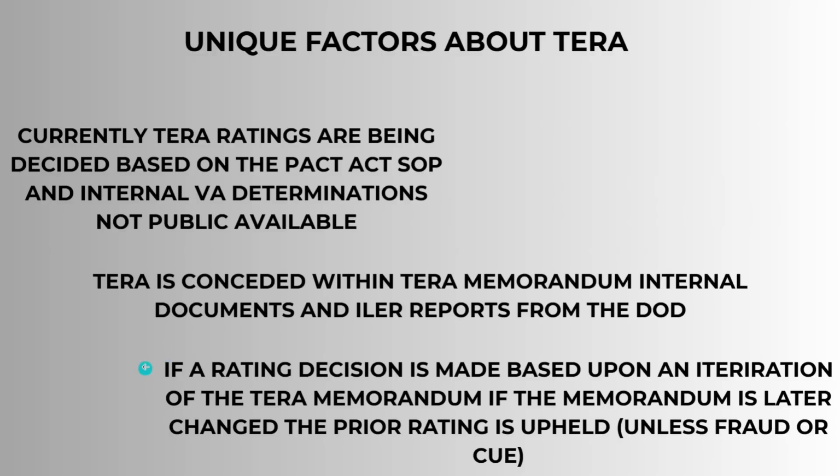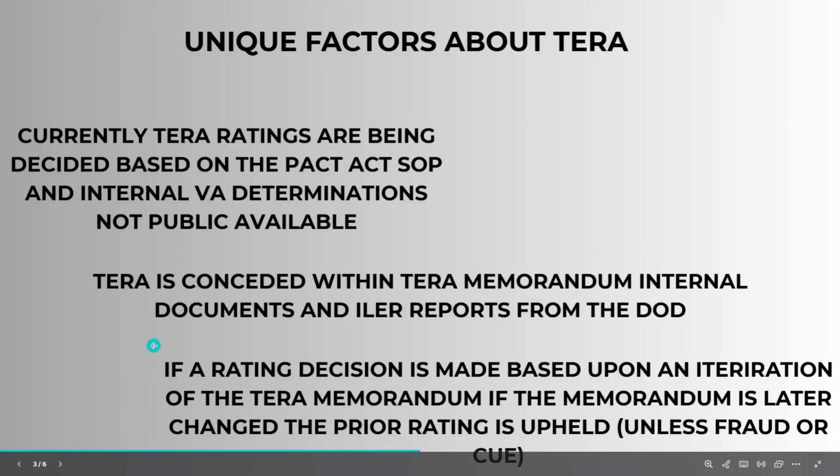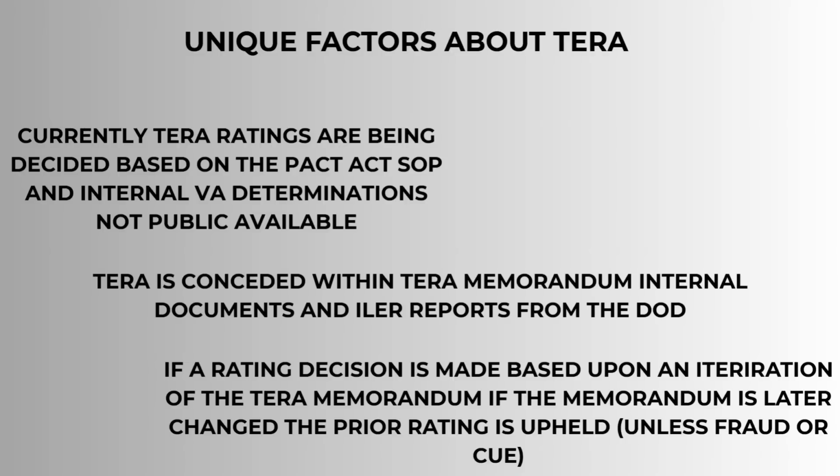But good news is, if you got one of those early ratings, in which we granted you, and then we changed our mind about how we interpreted the TERA memorandum moving forward, your rating is actually locked in, because the change that was made was not a liberalizing law change or an official change to the manual. So it doesn't actually rise to the occasion to affect your rating decision.